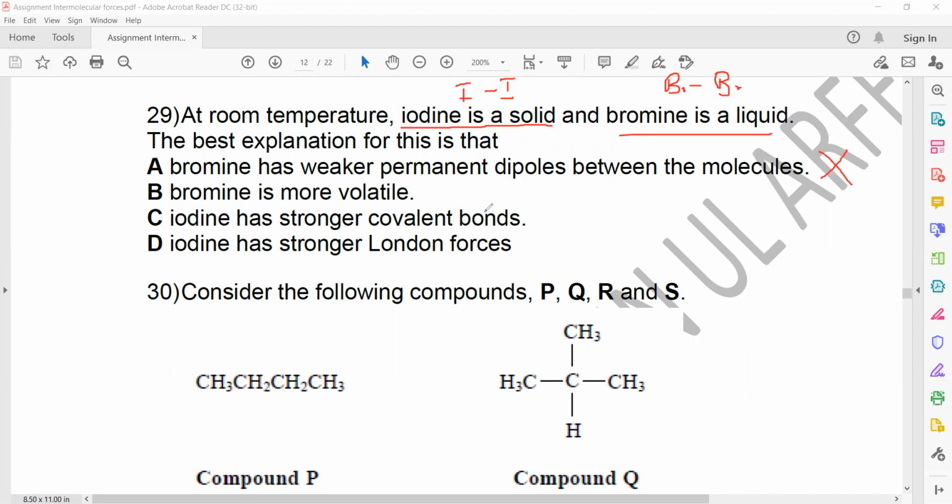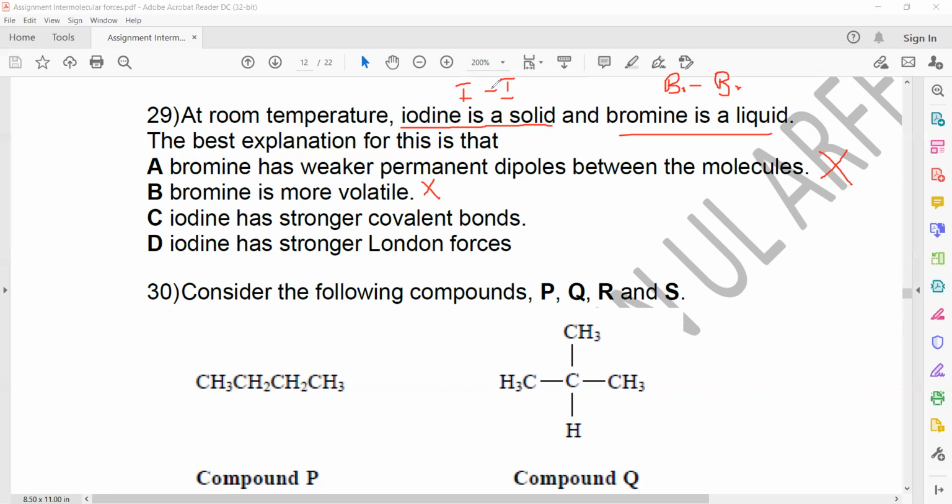Bromine is more volatile. The term volatility means it can easily vaporize, but that does not explain the statement. It is volatile, that's true. It can easily be converted into vapor, but that does not explain the statement. Iodine has a strong covalent bond.